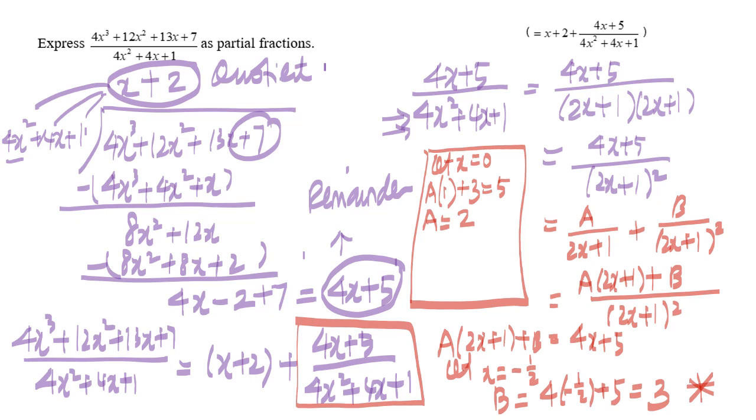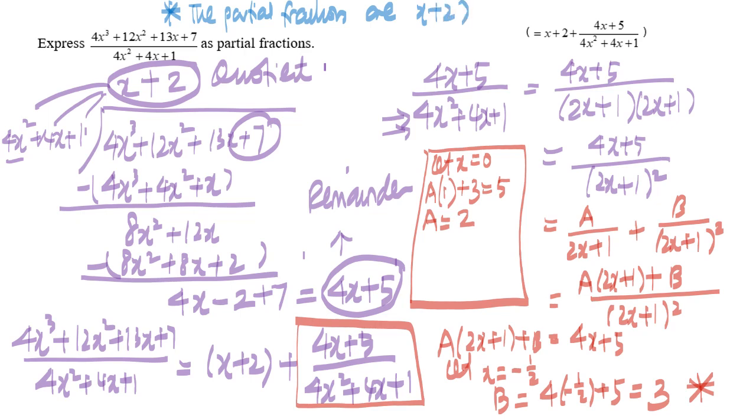Alright, so I found both constants. So how do I express my answer? Serious apology, I will have to write it here due to the lack of space. So therefore, the partial fractions will be, okay, the quotient, don't forget the quotient, x plus 2.